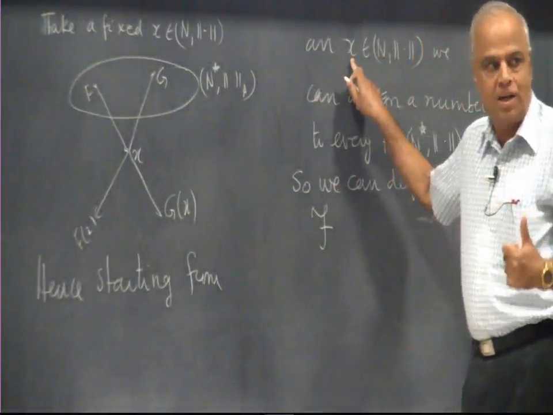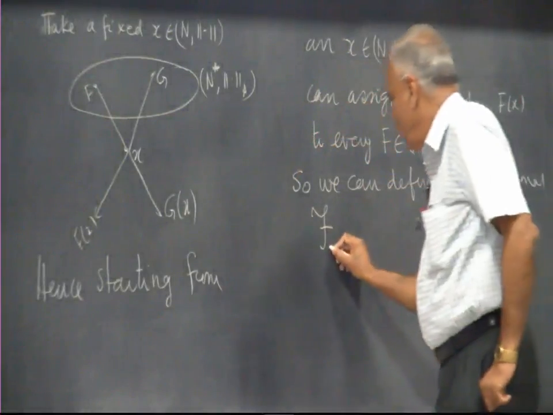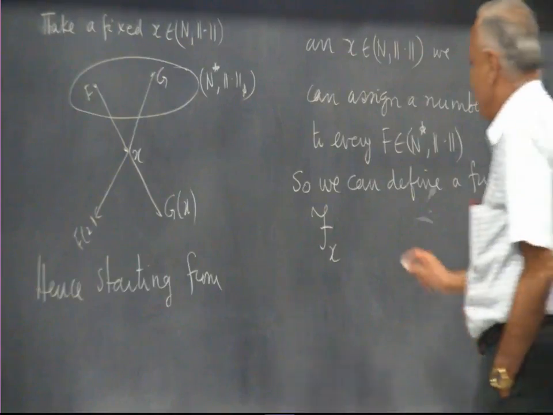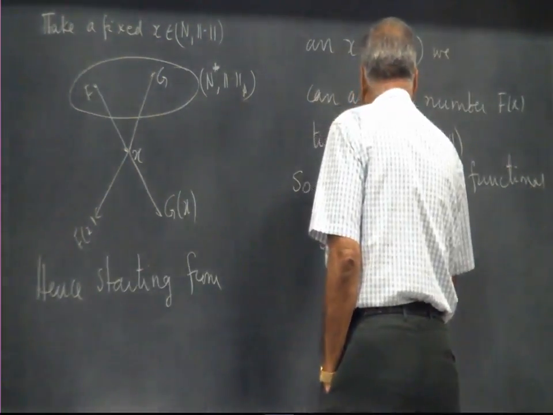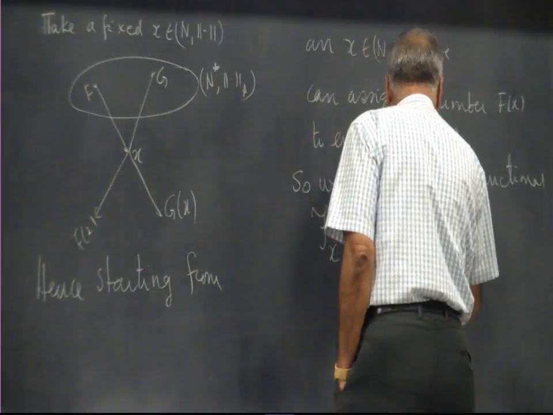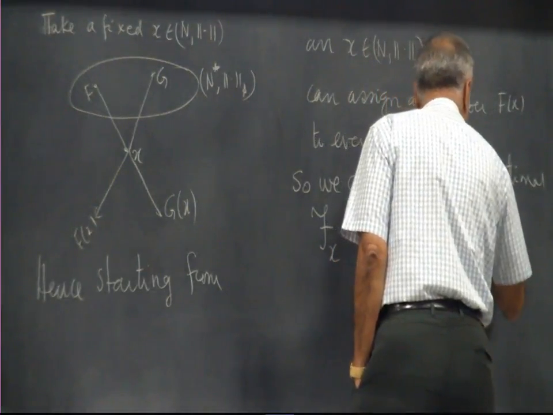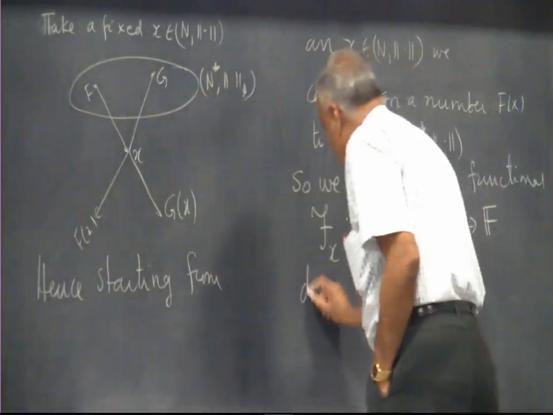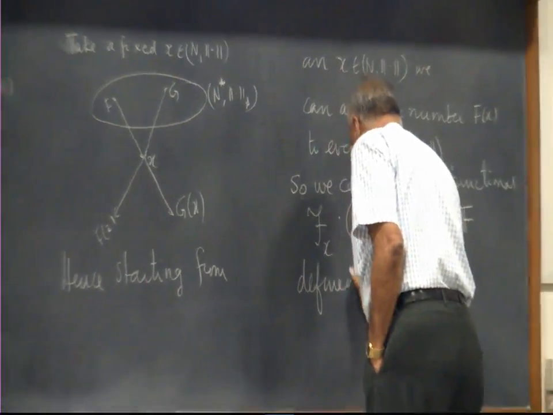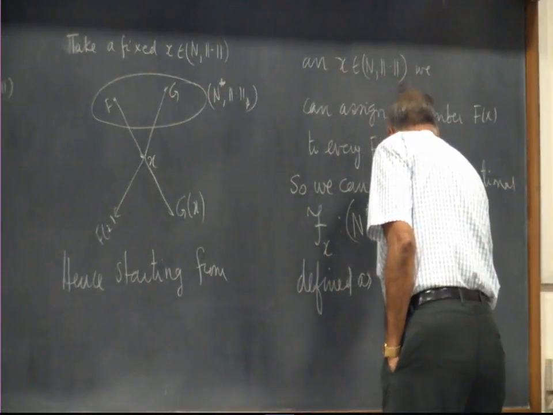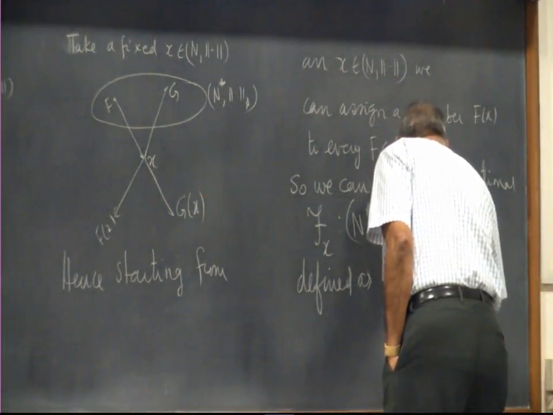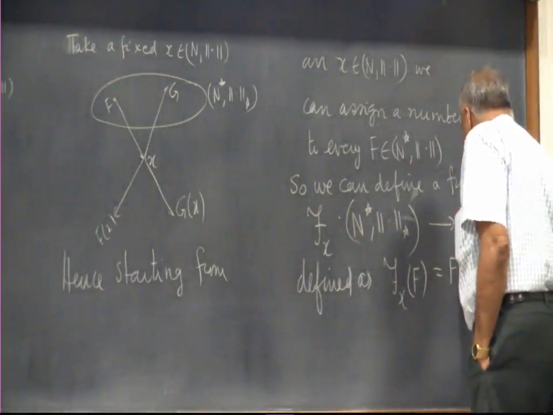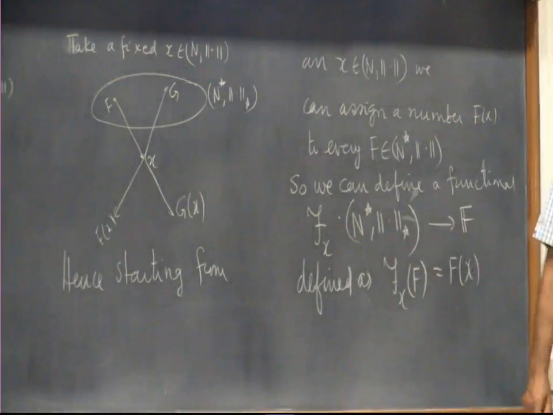on x. We started with that patient, so every patient gives rise to a functional F_x which assigns to every f in N star a number, okay, defined as the number assigned to any fellow f here is the measurement that fellow does to this patient, f of x.